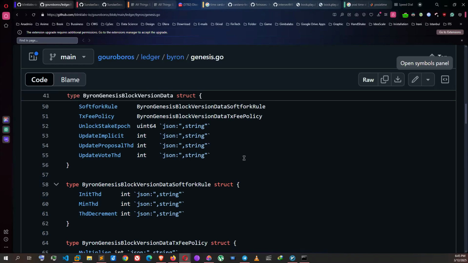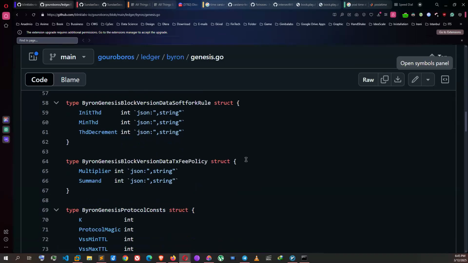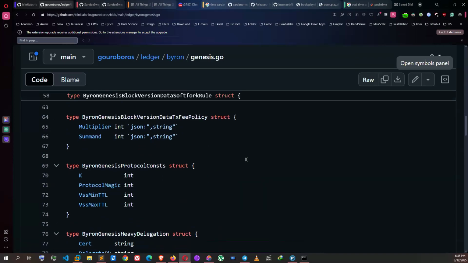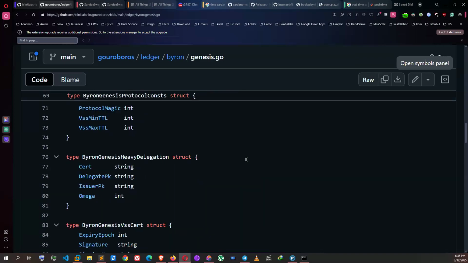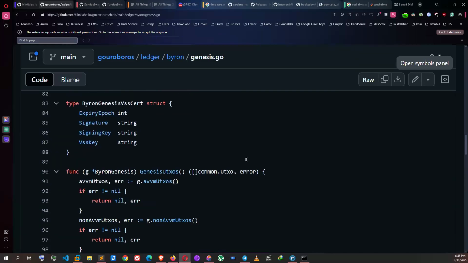So we read the Cardano config, then we load the Genesis configs that are mentioned in the Cardano config, and we process each one of them. But all of them are actually calling the underlying Gouroboros functions.